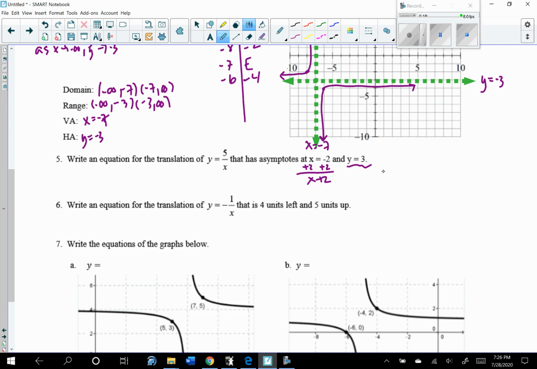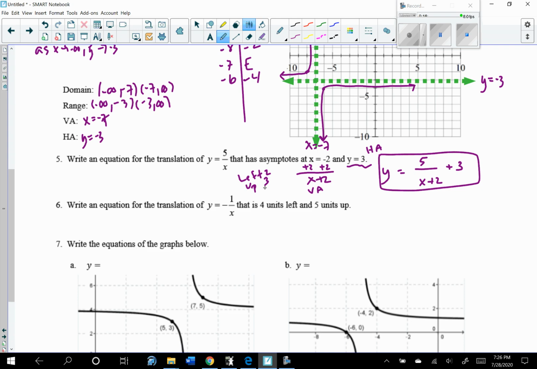So this would be y equals 5 over x plus 2, and y equals 3, so plus 3. So this is again the vertical asymptote and the horizontal asymptote. So that means that our graph moves left 2 and up 3. So left 2, up 3 for the translations.